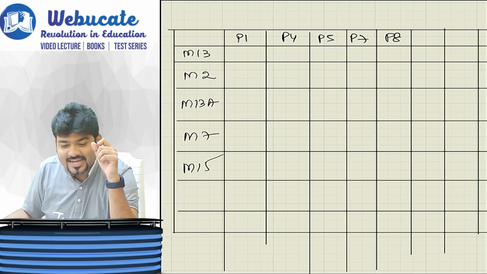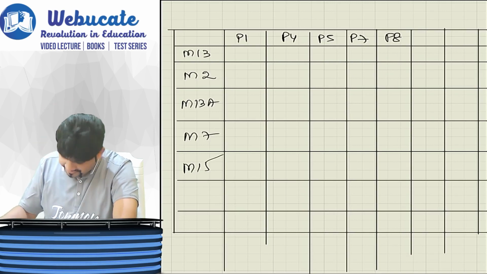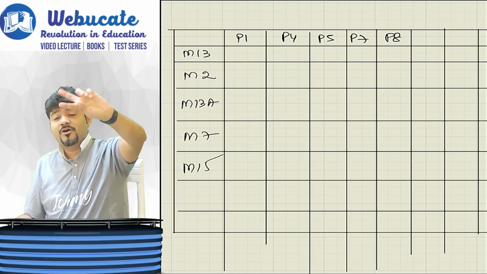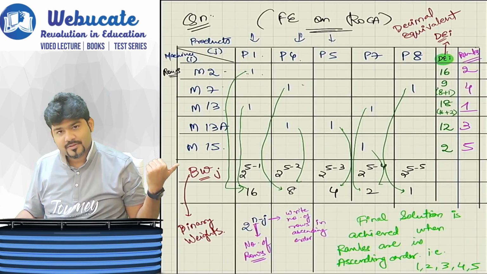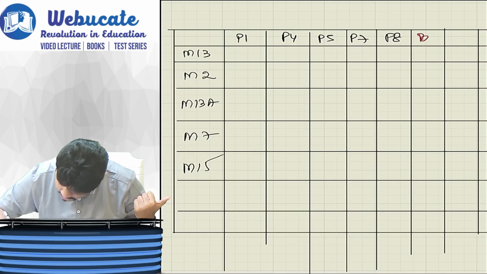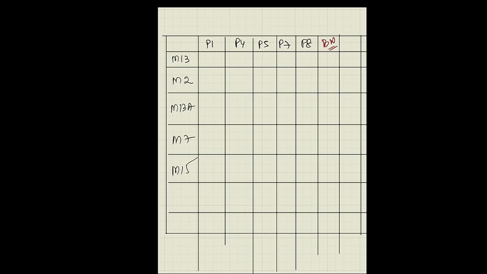Okay, so now we will again start, but in the second step, alternatively, your BW will change. Now BW will go from column to row. Binary weight will go from column to row.